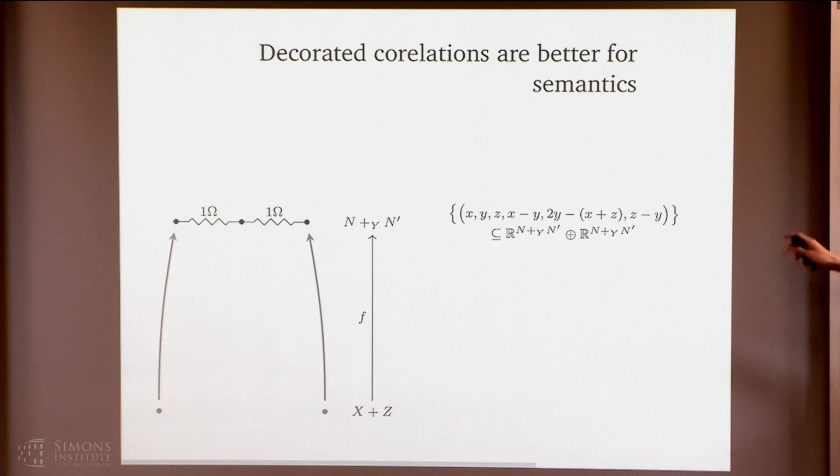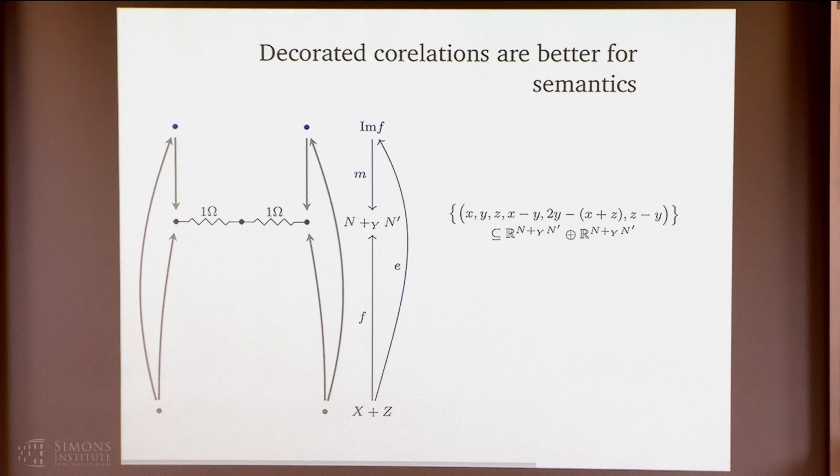But for a decorated correlation, again, we only care about what happens at the image of the new boundary. So we're going to factor our map into a surjection or an epimorphism onto the image, and then a monomorphism or injection into the codomain.